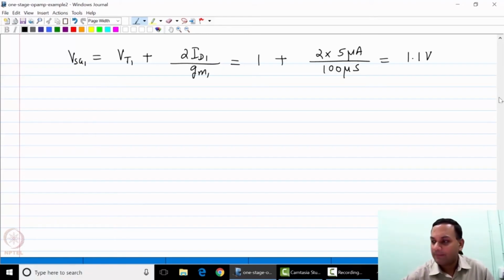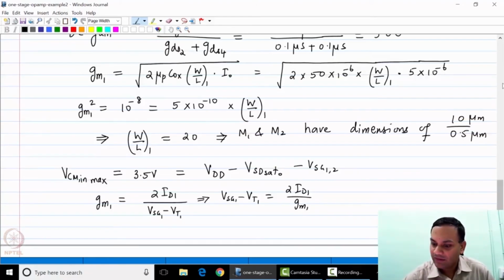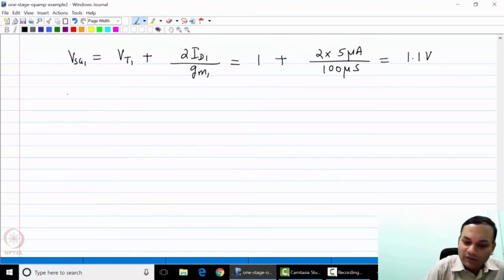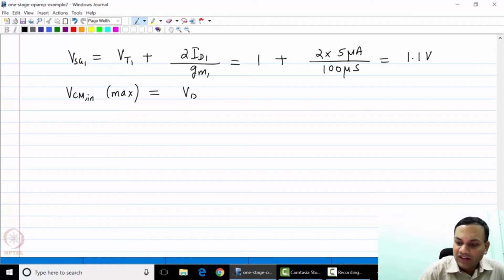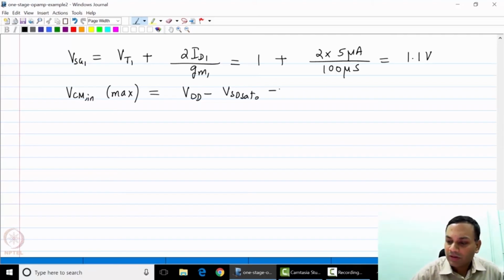In such a case, the value of VCM in max, which is 3.5 volts, is VDD minus VSD sat 0 minus VSG1.